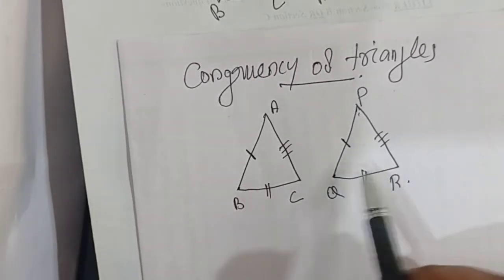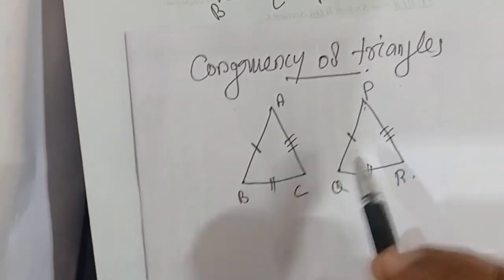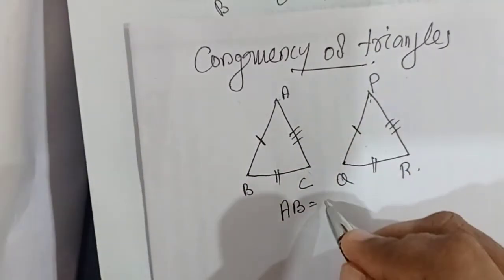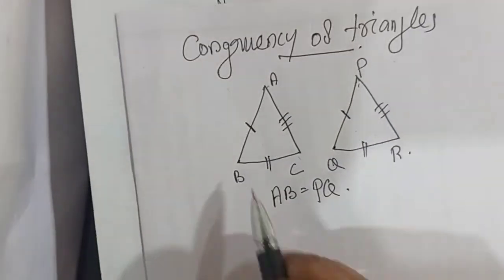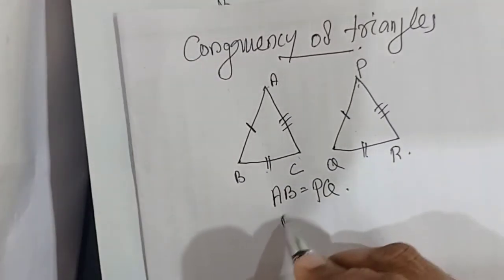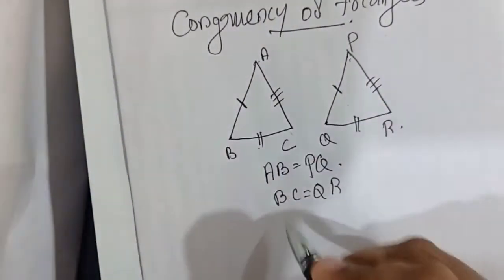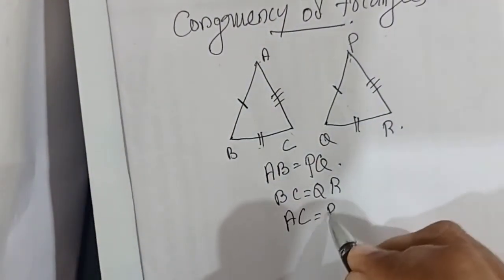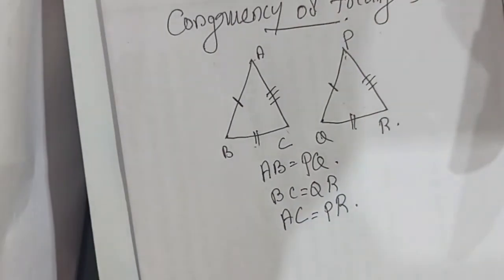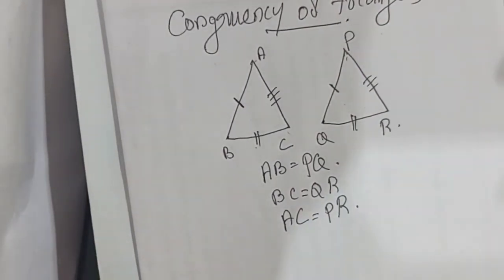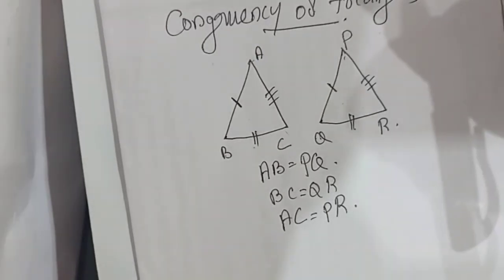From this figure, we can say that side AB is equal to side PQ, with 2 markings BC is equal to QR, and on the third side AC is equal to PR. These three sides are equal, that is given in the question itself.